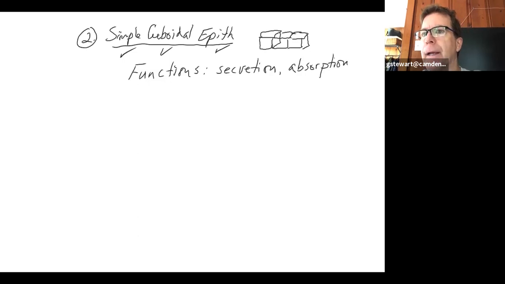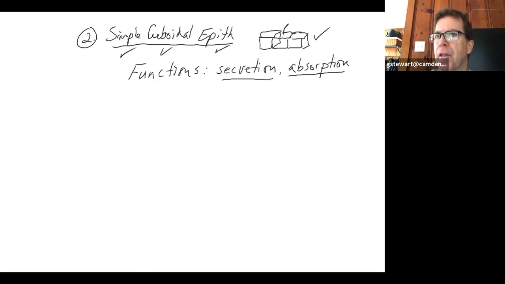Oftentimes, we find this type of tissue in glands that secrete things, like sweat glands, digestive glands. Absorption means moving across, just like diffusion or filtration. Absorption means moving something through this tissue to the other side.